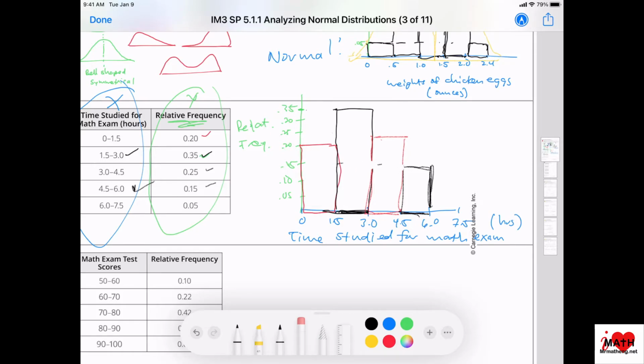And then the last one, which is 0.05. Trace this line.